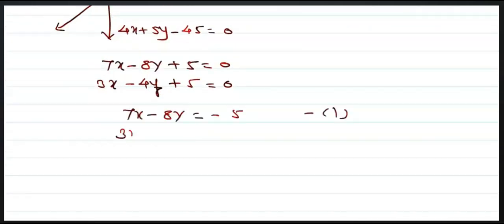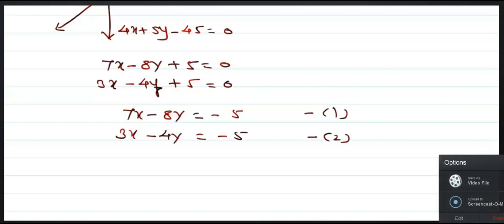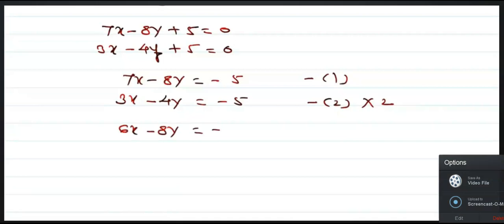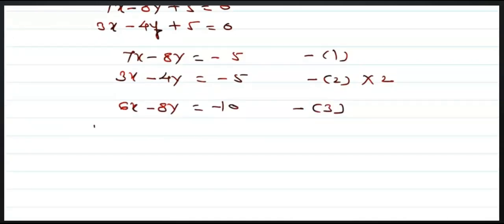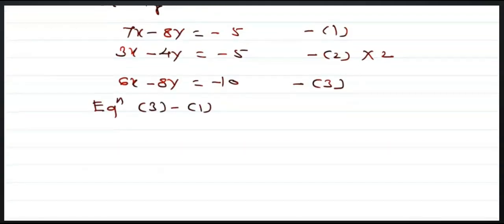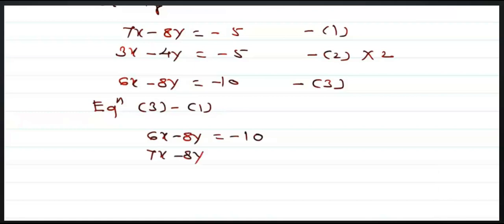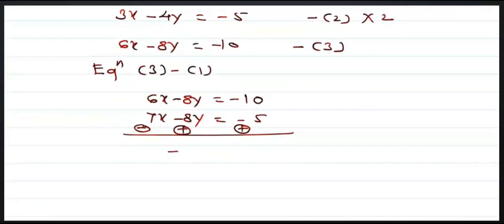Now this is the first equation. Second equation. Now multiply the second equation by 2. Then you will get 6x minus 8y minus 10. This is the third equation. Now solve 1 and 3. That is 3 minus 1. 6x minus 8y minus 10. And this is subtraction. Then you will get minus x.